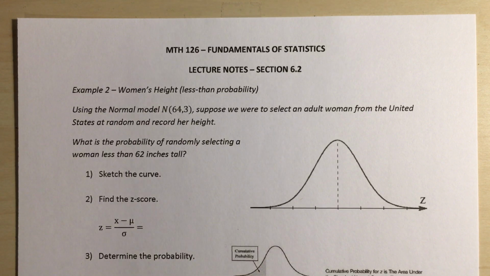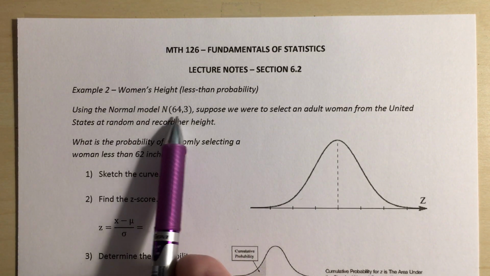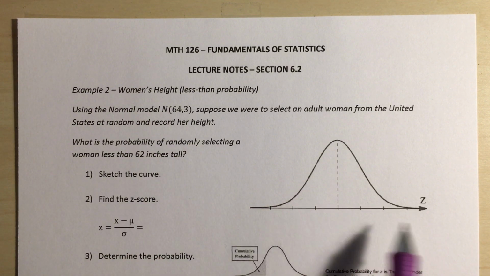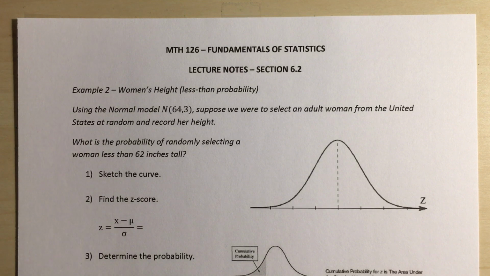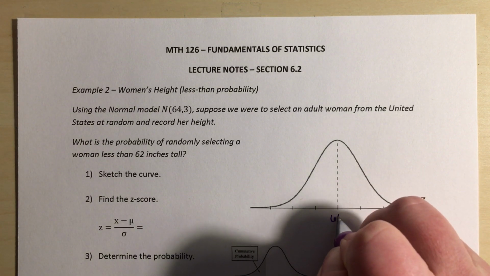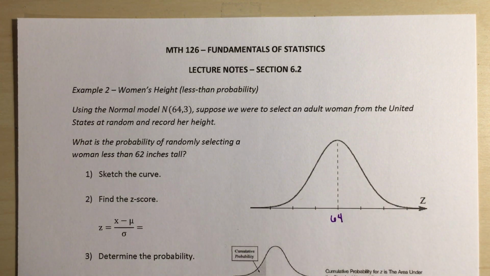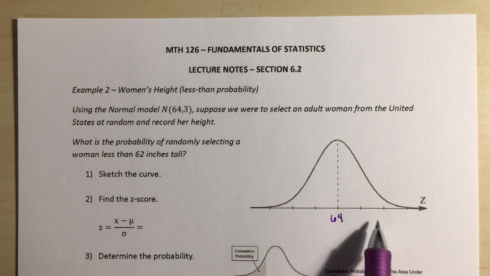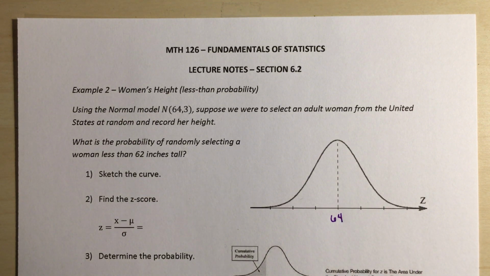All right, so remember, step 1 is to sketch our curve. So we're going to take our information about our normal model and label our normal curve that we have here. So our mean is 64, so that's the value that's going in the middle. And then our standard deviation is 3. Thinking about our empirical rule, as we're going out to the right, we're going to keep adding our standard deviation.